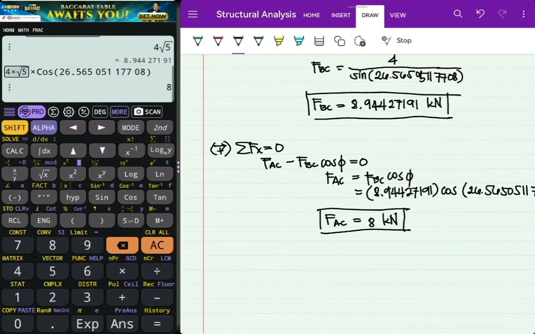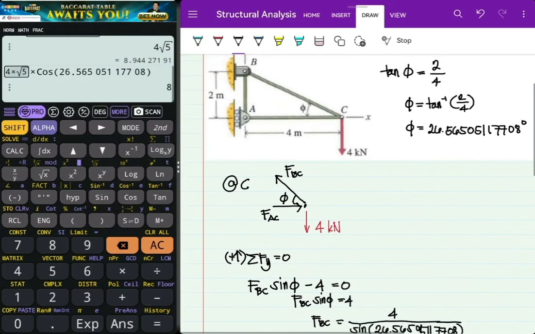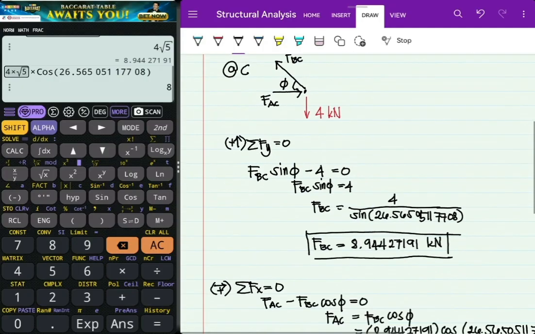After having calculated AC, we can now solve for AB, right? How to do that?